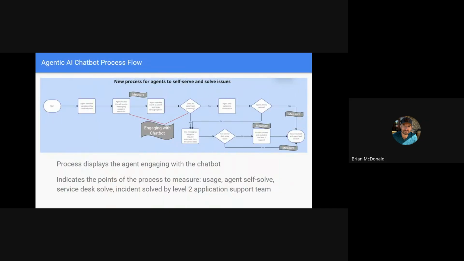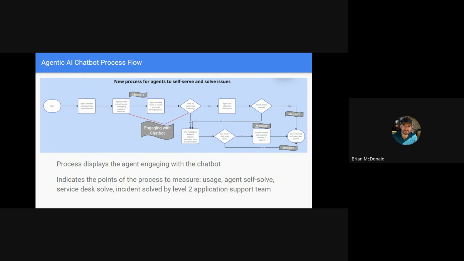So this is a process diagram where starting here from the left-hand side, showing where we're starting, the agent identifies a problem that they need help with. And the agent locates the self-service messaging widget to search for. They try to use that widget to look up the issue that they're having trouble with. Try to resolve it. If they're not able to, then they can talk with the service desk.